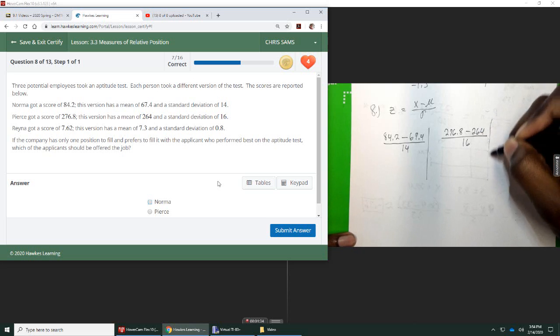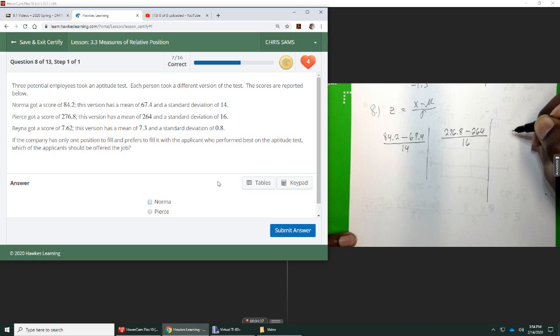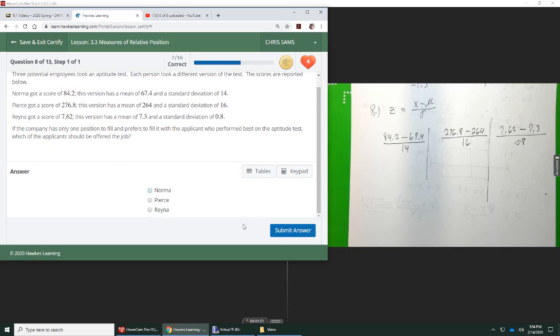And then the last person is 7.62 minus 7.3 divided by 0.08. So we're going to compare all of these and find out who did the best.